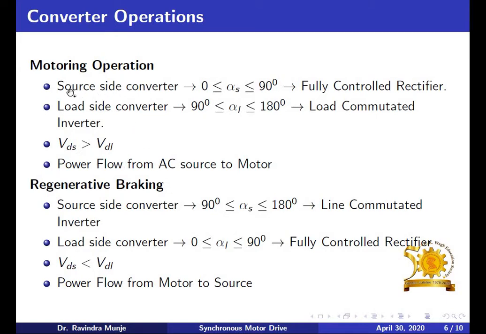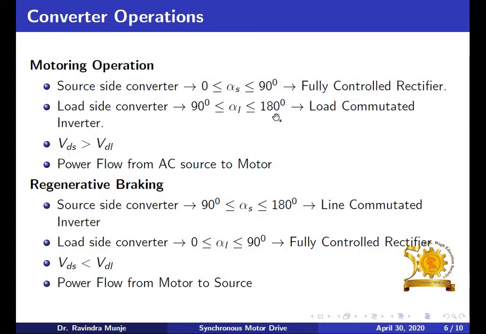So for motoring operation, source side converter should operate with a firing angle in the range of 0 to 90 degree, that is fully controlled rectifier, converting AC into DC.